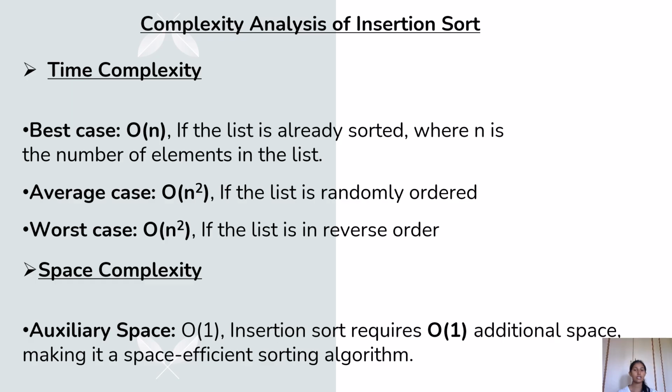Next we come to the space complexity. Auxiliary space: insertion sort requires O(1) additional space, making it a space efficient sorting algorithm. In the auxiliary space complexity of insertion sort, the O(1) means it uses a constant amount of extra space regardless of the input size.